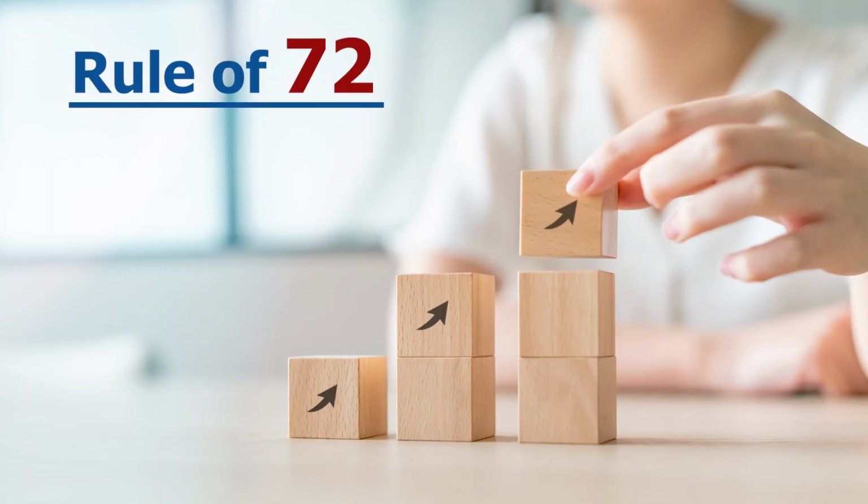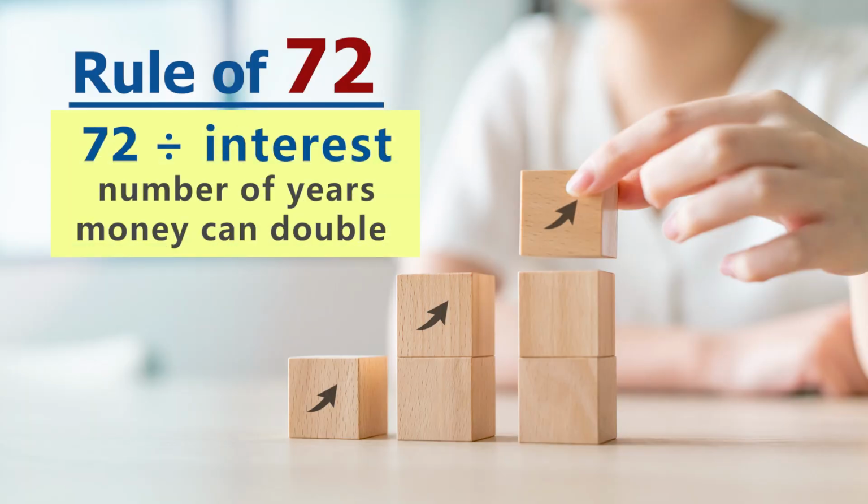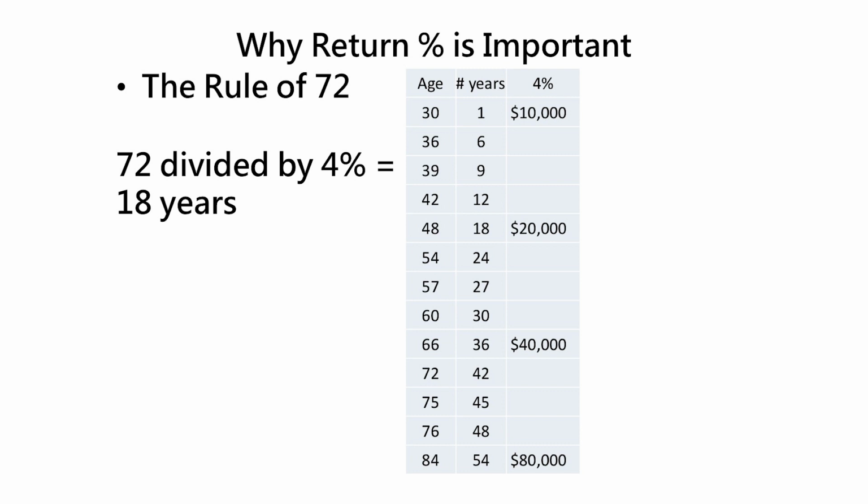Let me briefly review the Rule of 72 with you. I'm just using an arbitrary interest rate to illustrate the math and how this rule works. 72 is a fixed number divided by the interest you get equals approximately how many years your money can double. For example, let's say that when you are 30 years old, you have $10,000 and you invest this money.